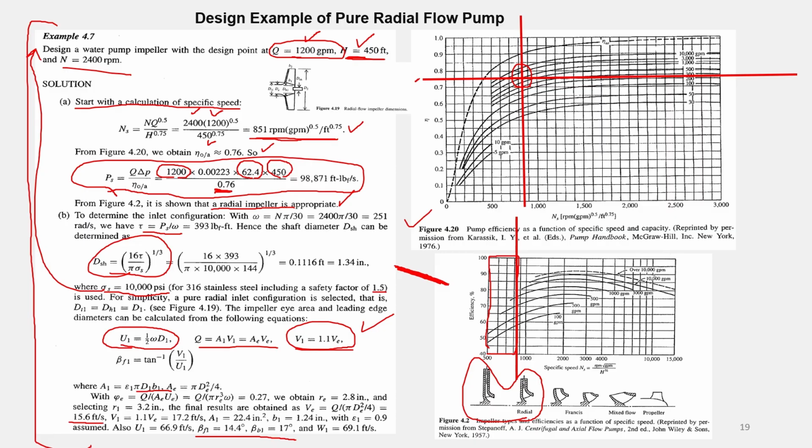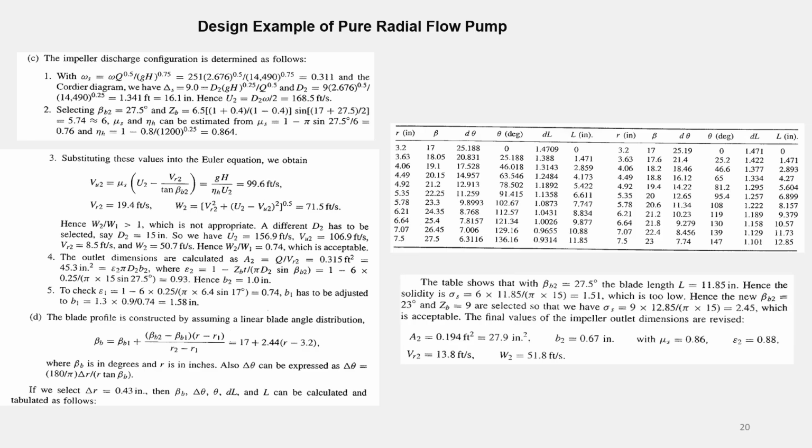So once you know the beta blade 1, you can easily determine the relative flow angle or vice versa. Okay, and from the beta blade 1 we can of course determine the relative flow velocity at the leading edge.